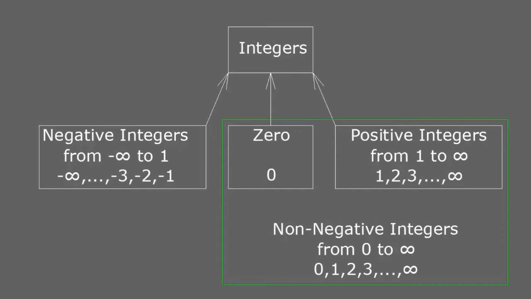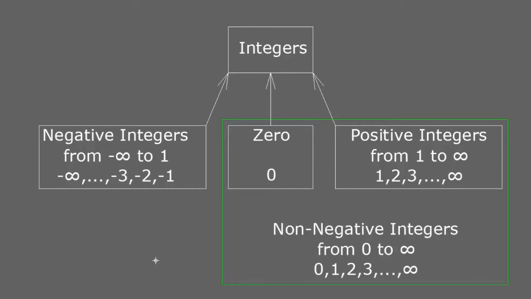If you want a set of numbers that goes from 1 to infinity, I just call that the positive integers. If you want to include the 0, you want a set of numbers that goes from 0 to positive infinity, I call that set the non-negative integers. It includes all the integers that are not negative.